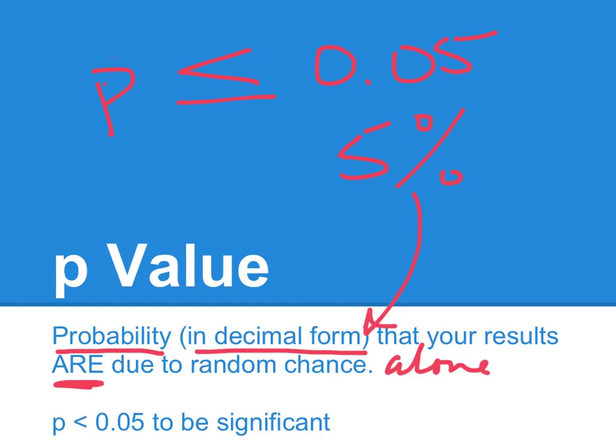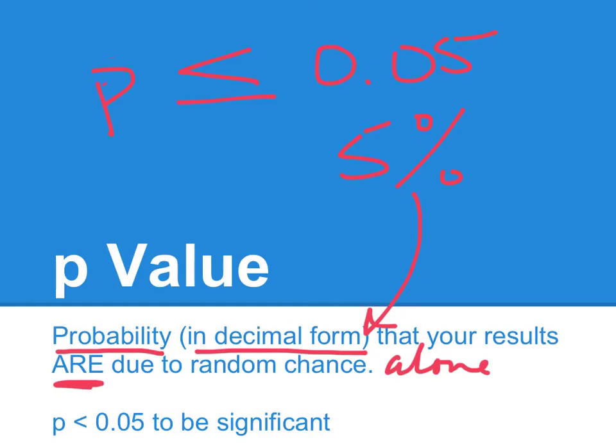Another way of putting this, from the opposite perspective: if we have a 5% probability that chance is acting, that means we have a 95% confidence that something other than chance is acting. And if we are 95% confident that something besides chance is causing these results, then we can confidently conclude that something else besides chance is at work.